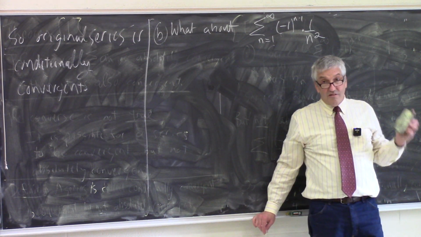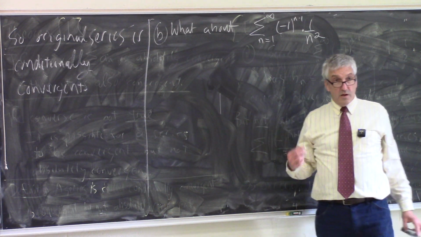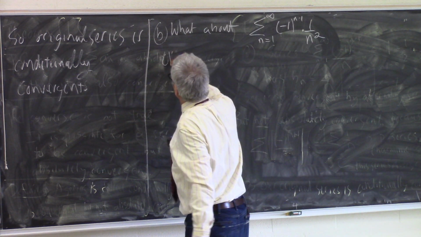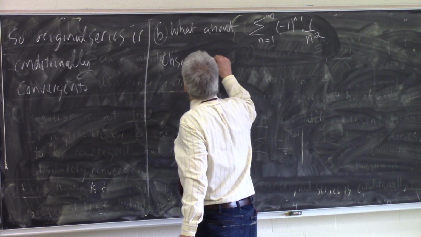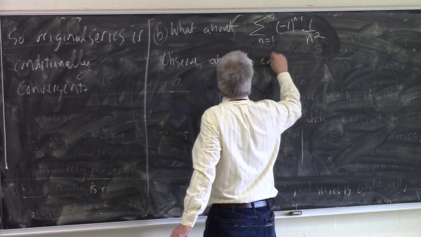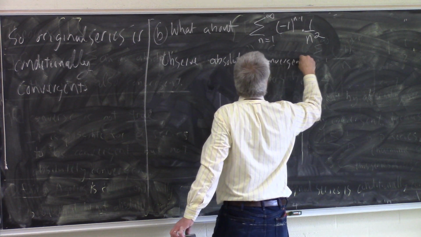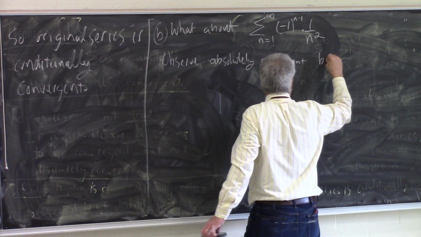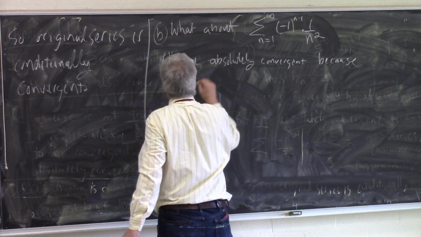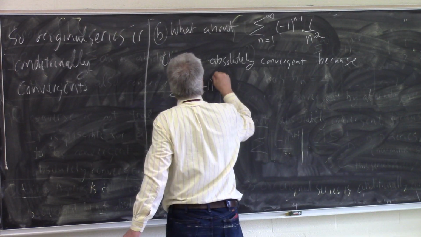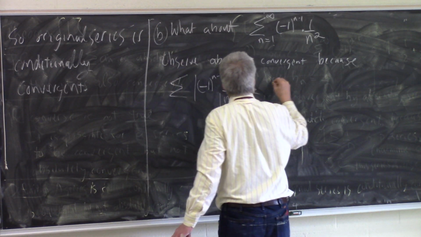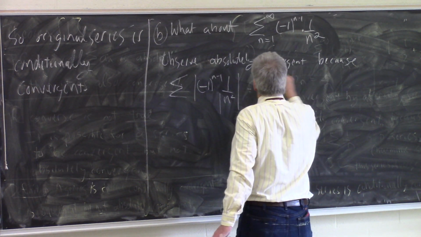Right. So notice we can just skip. We can just go for the big prize. We could go right to saying this is absolutely convergent, because the series of absolute value terms, the absolute value of (-1)^(n-1) over n squared, is this series.